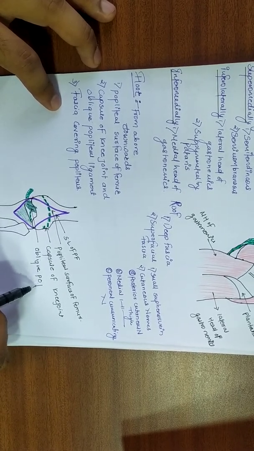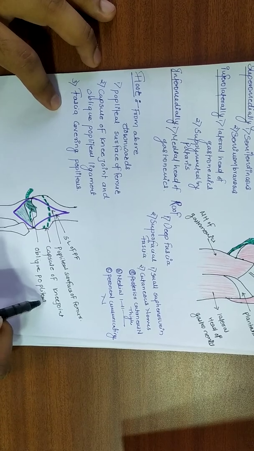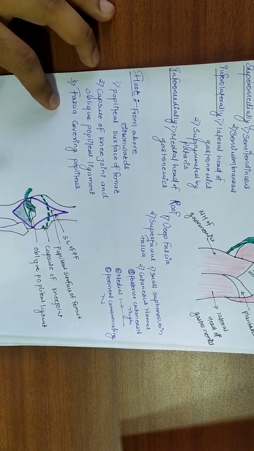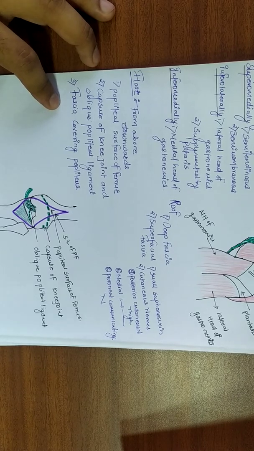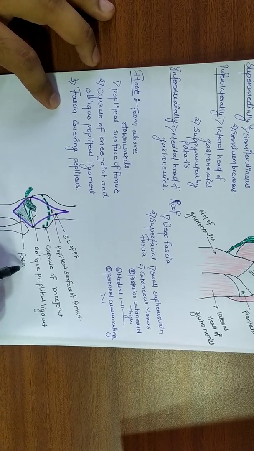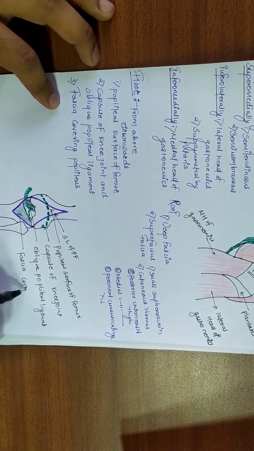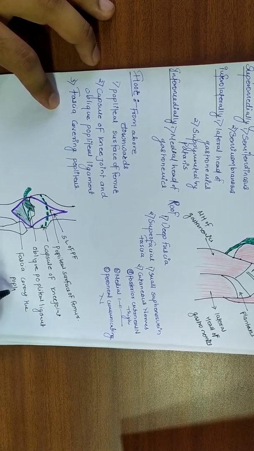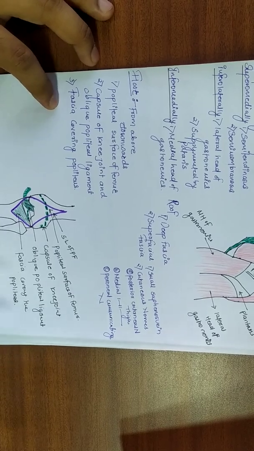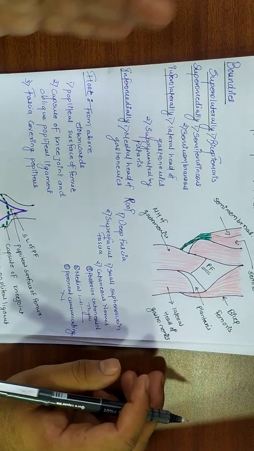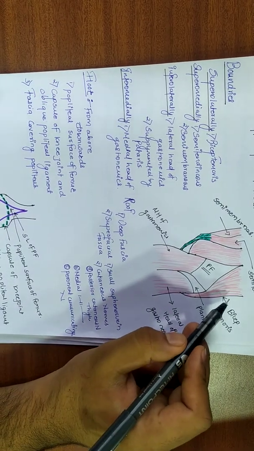And the lowest part is the fascia covering the popliteus. So from the start we can see the boundaries.